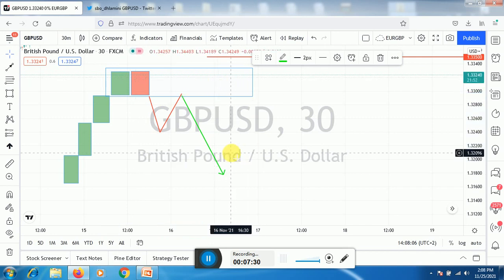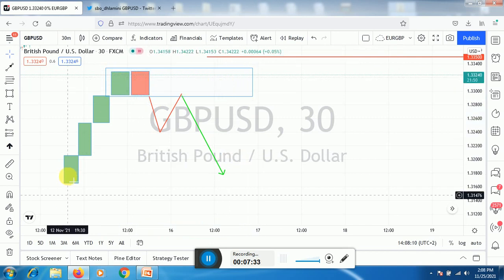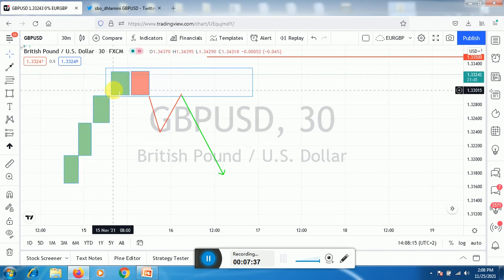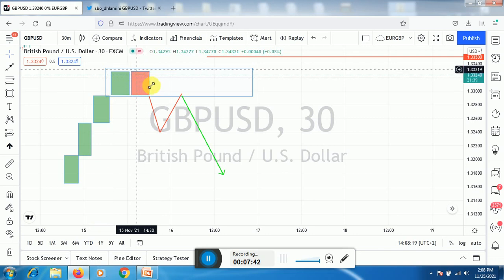So it's 1, 2, 3, 4, the last bullish candle. This is the last bullish candle. Then a red bearish candle comes. The minute a red bearish candle comes, we pause this zone.